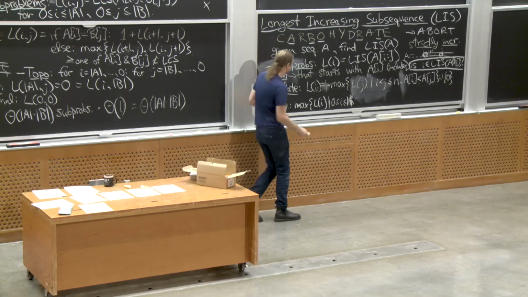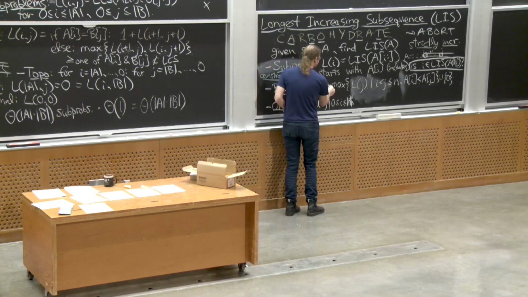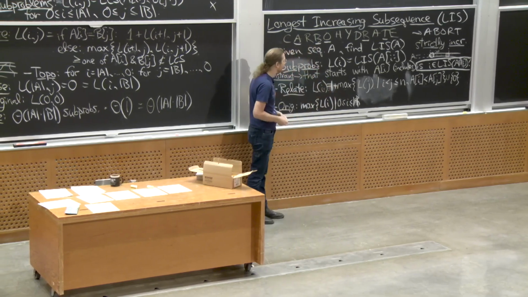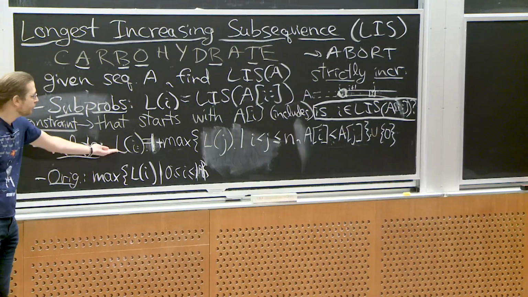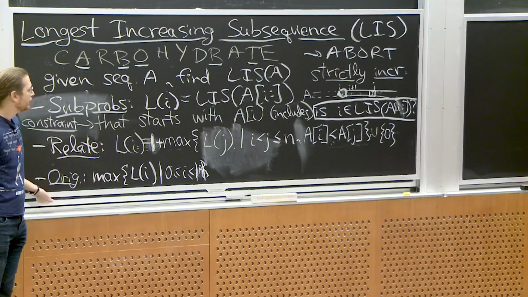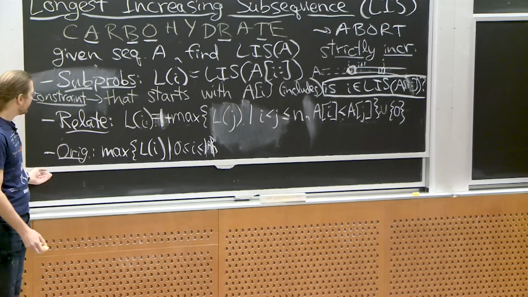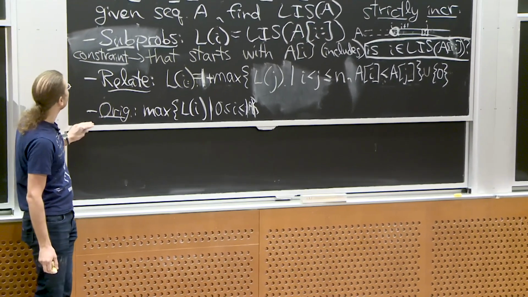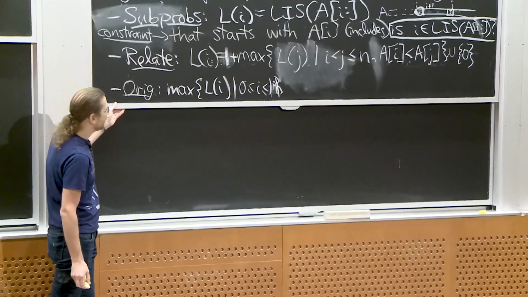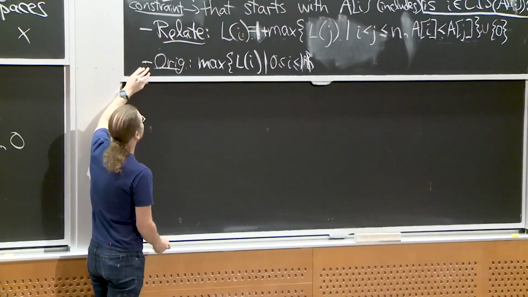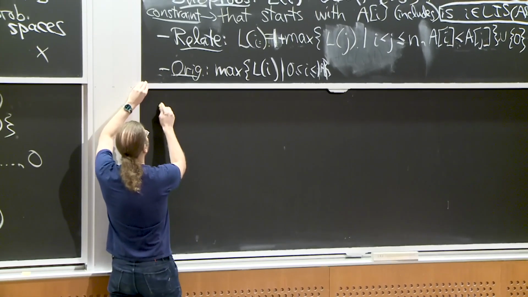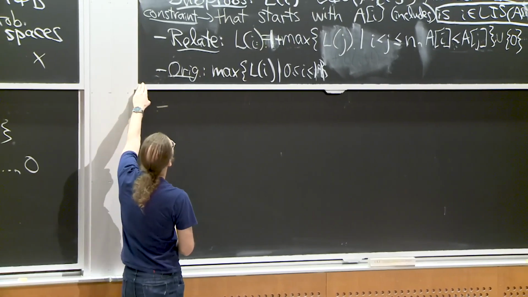OK, so there are a few details to get right. But in general, once you figure out what these recurrences look like, they're very simple. I mean, this is one line of code. And then all you need in addition to this is the original subproblem and some other things. We need the base cases, but I should do them in order.